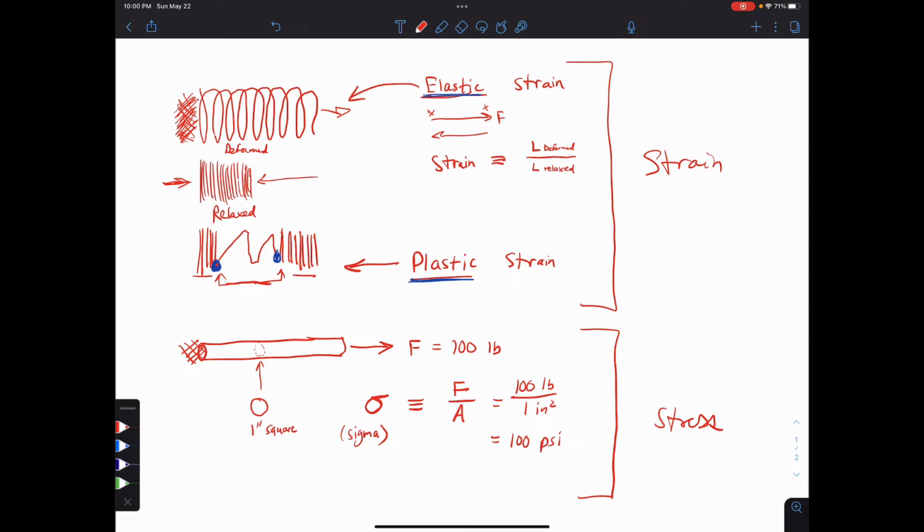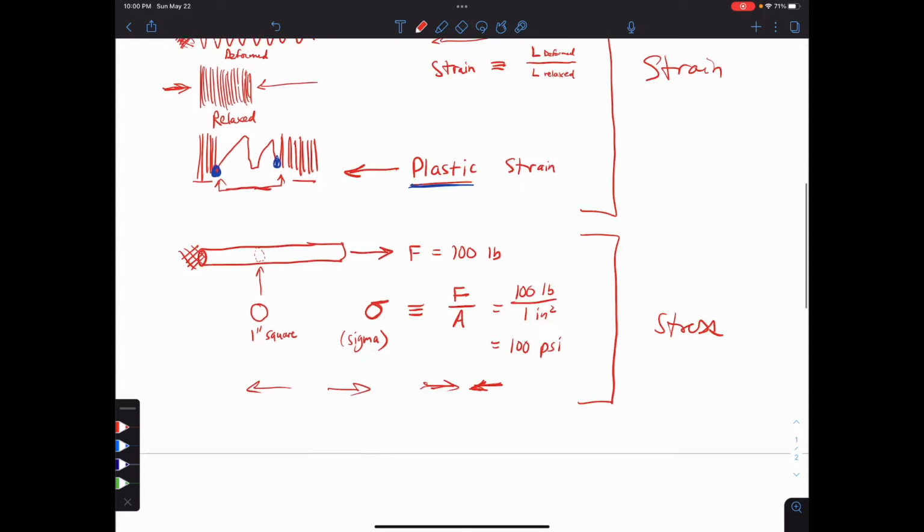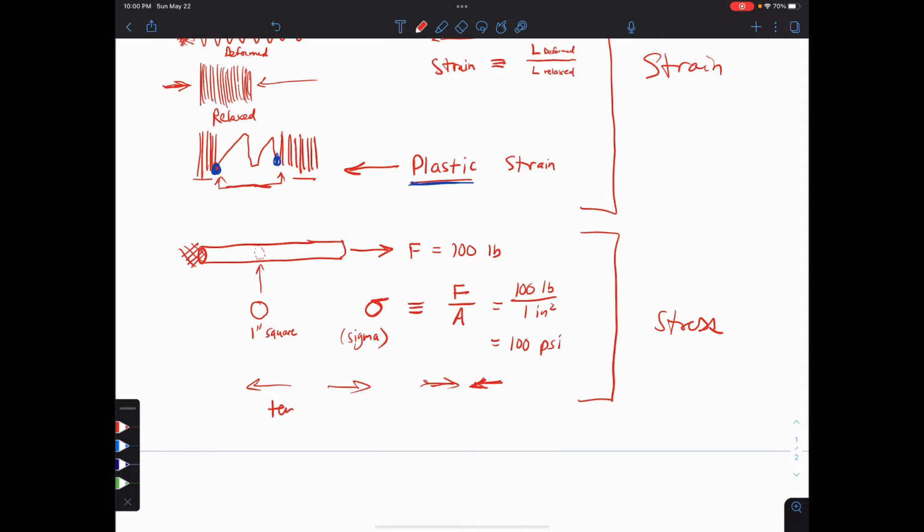Stress is a measurement of how much a material is having to resist being torn apart or squished together, right? So remember we talked about there's two kinds. If it's being torn apart, it's tensile stress. And if it's being pushed together, it is compressive stress.